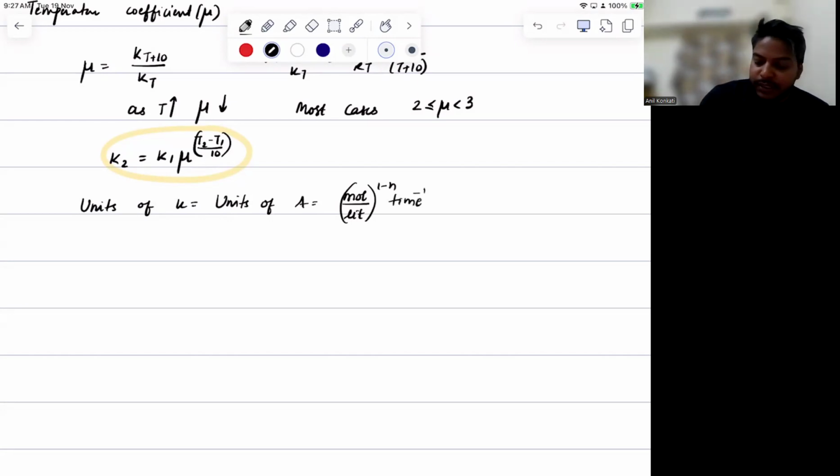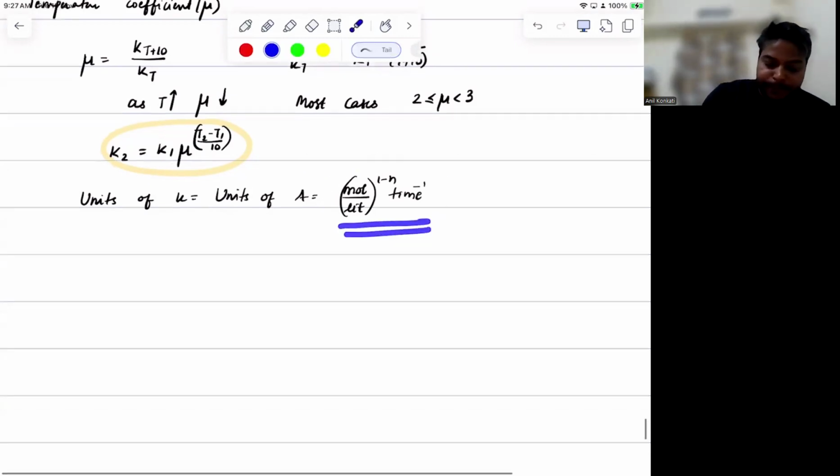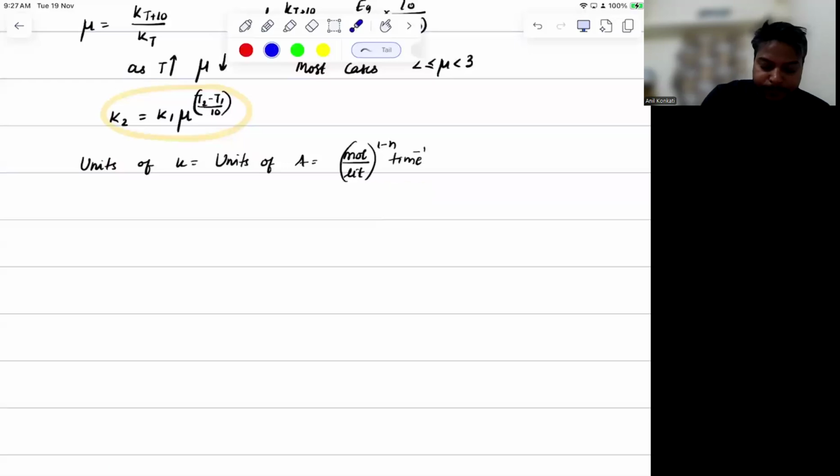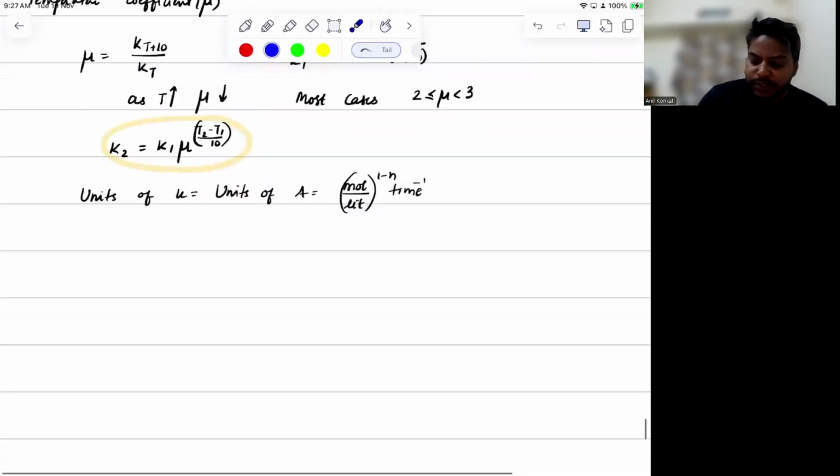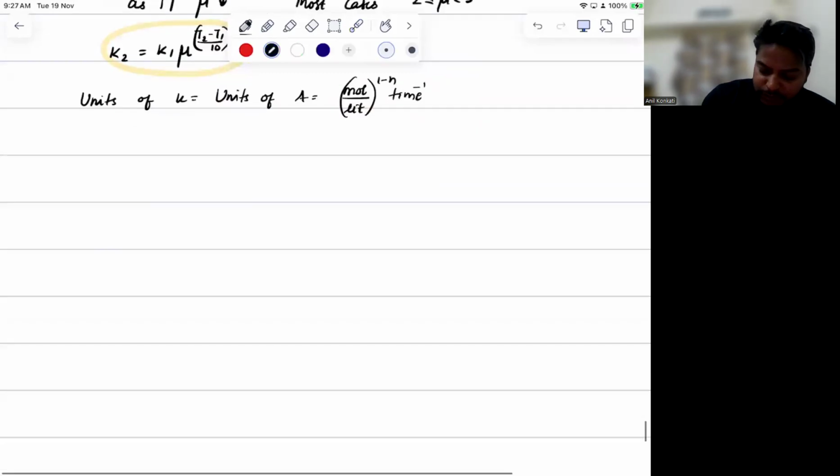Because this is the general unit for the rate constant. Now there are a few questions I have given based on the rate constant and the Arrhenius equation. Please go through them once. The last thing I wanted to discuss theoretically is collision theory.